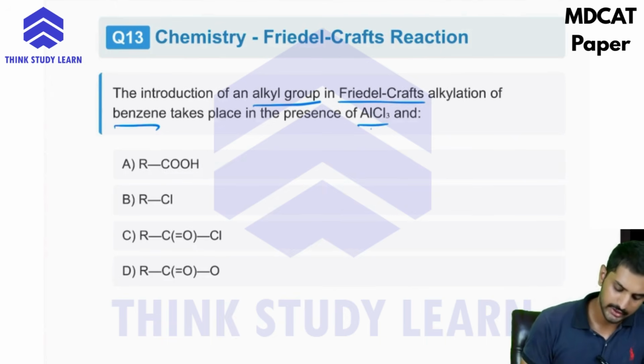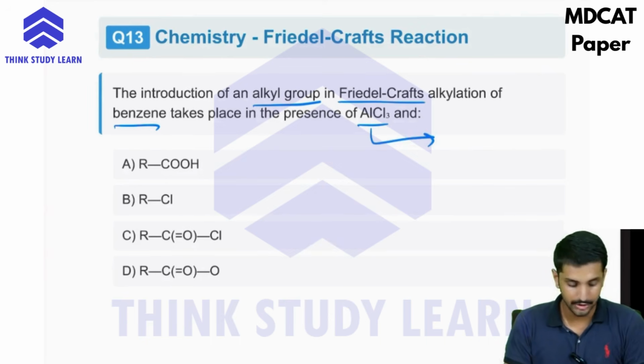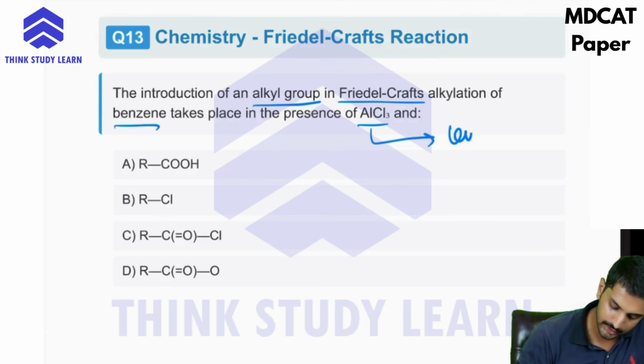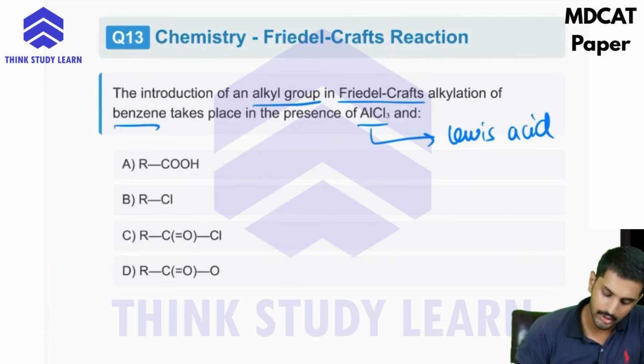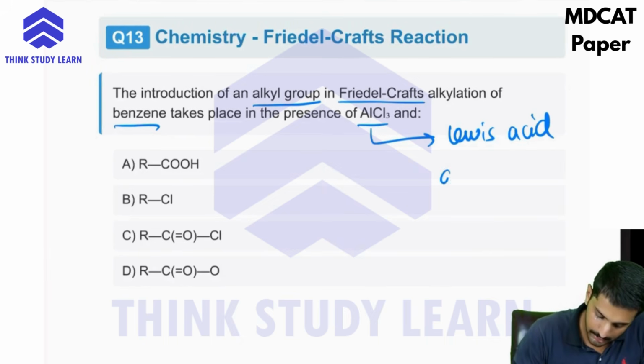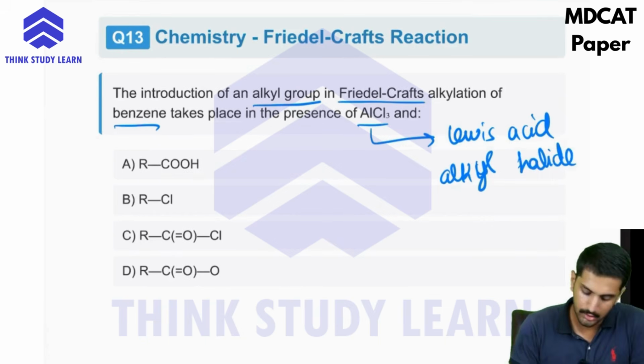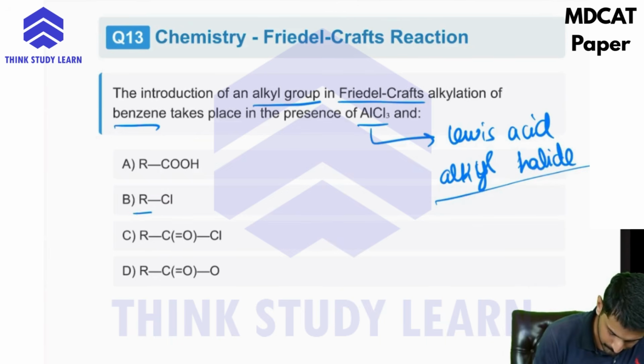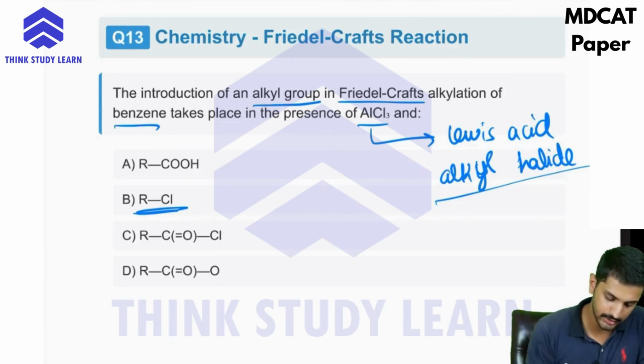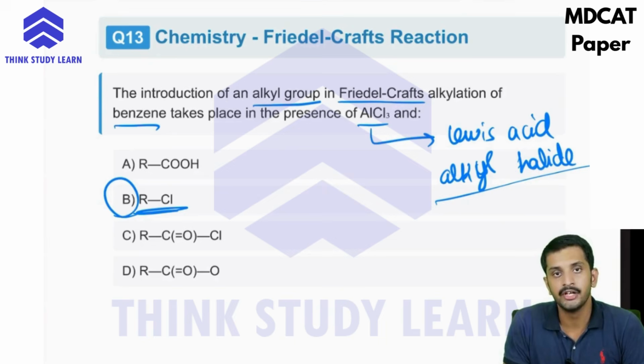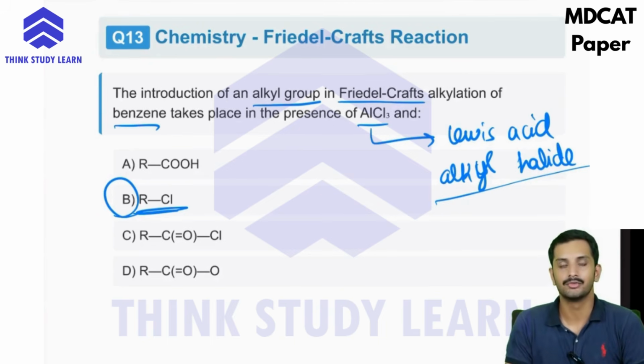So basically, AlCl3 in the Friedel-Crafts reaction is a Lewis acid, and along with a Lewis acid catalyst like AlCl3, we need an alkyl halide, and an alkyl halide here would be RCl. So this is an alkyl halide, and it is used in the Friedel-Crafts reaction. So B is the correct option. Moving on to the next question.